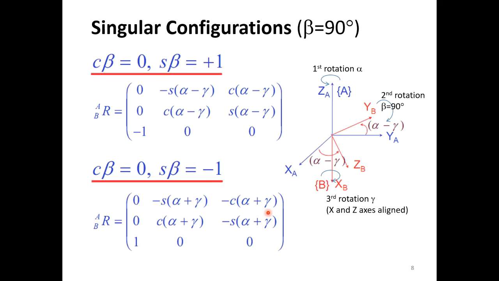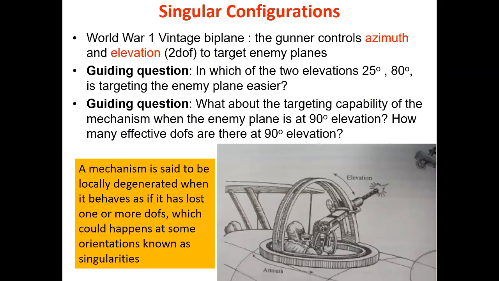Say alpha plus gamma is 50, you don't know how much of that 50 is alpha and the remaining part is gamma, right? So this is the problem. So this is an illustration about the singularity problem, right?